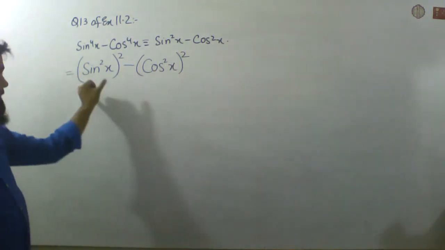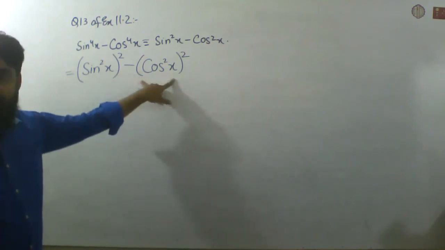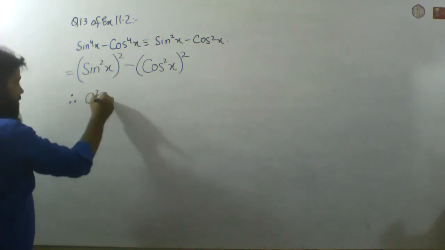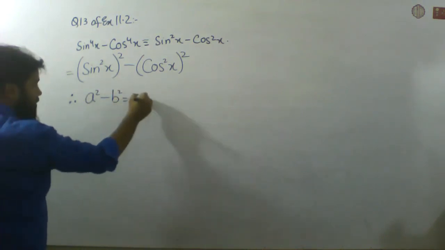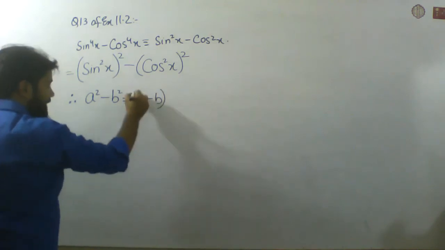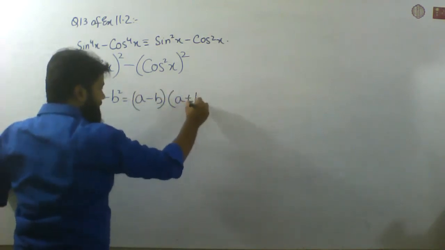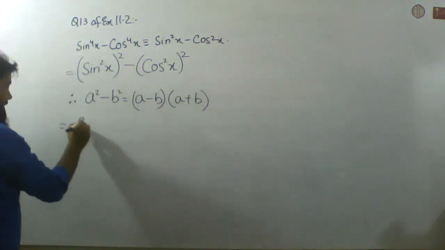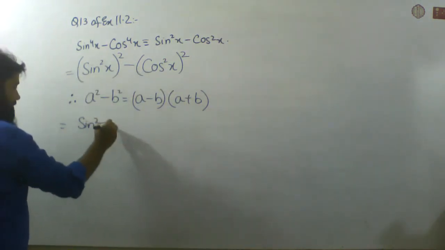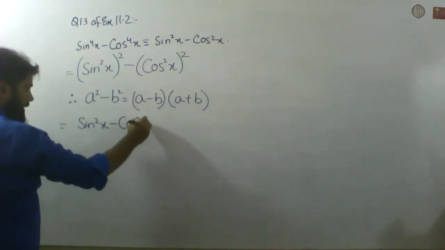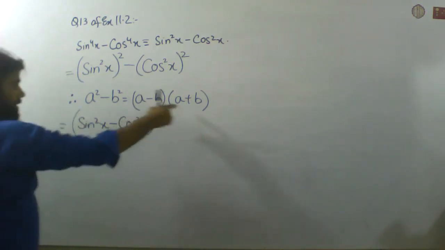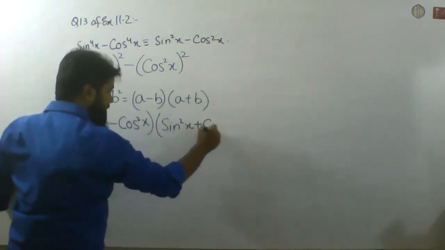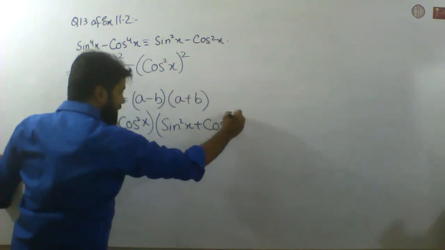Now it is just like a square minus b square, and we know that a square minus b square equals a minus b into a plus b. So how will I write it? Sin square x minus cos square x, sin square x plus cos square x.